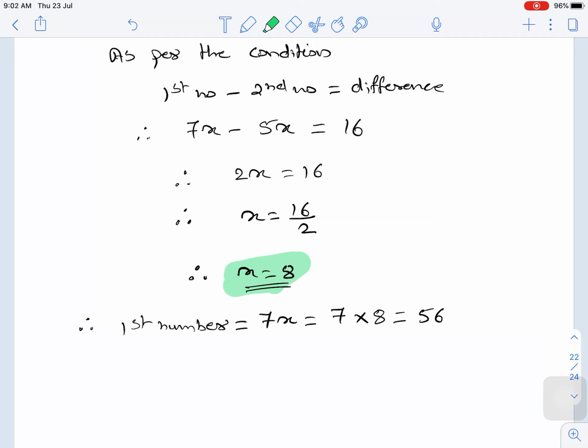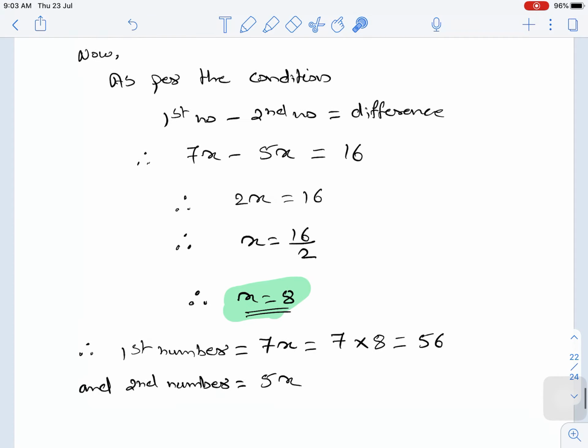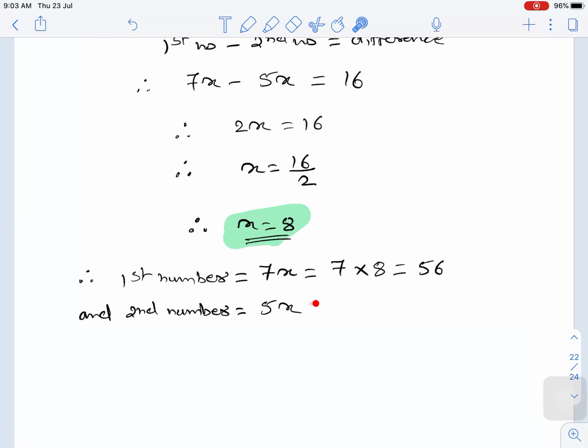Then we have to write the second number, and the second number equals 5x. From where did we get 5x? From here. So that equals 5 into 8 equals, 5 eights are 40.